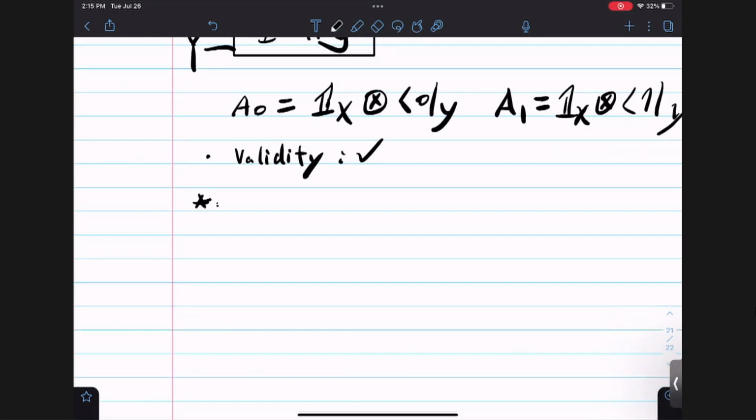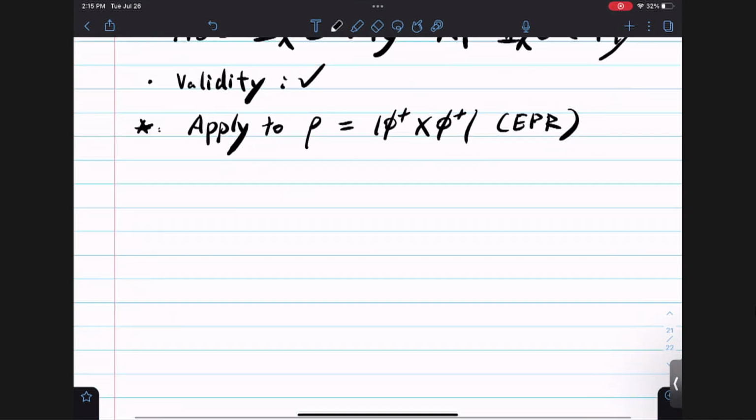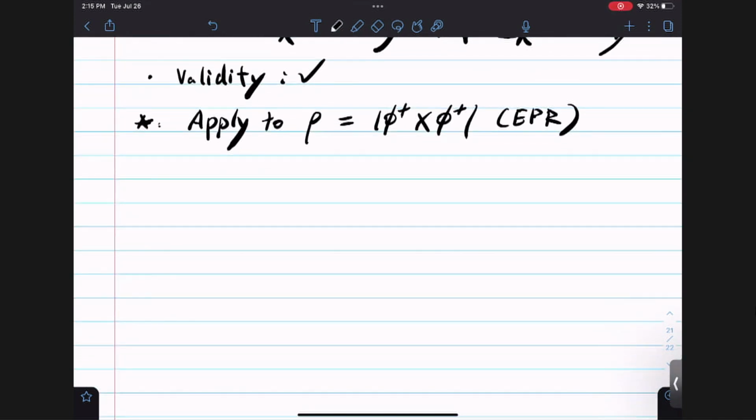I want to apply this to one of the EPR pairs. Do you still recall what the EPR looks like? Let's write it down.